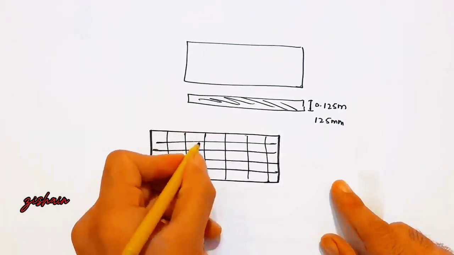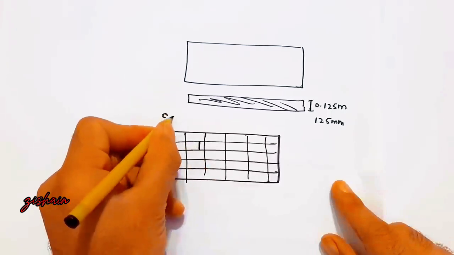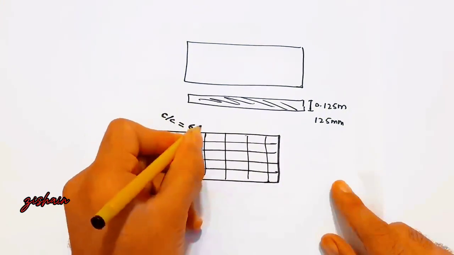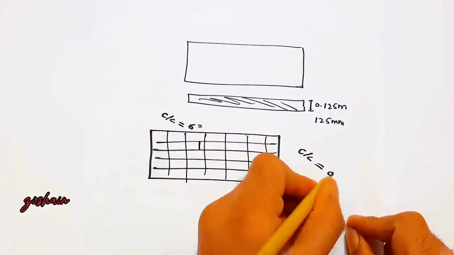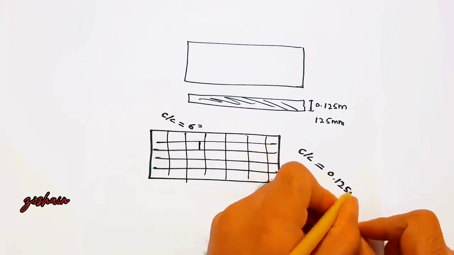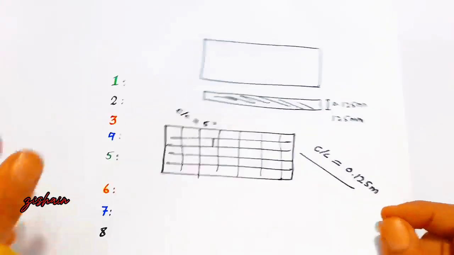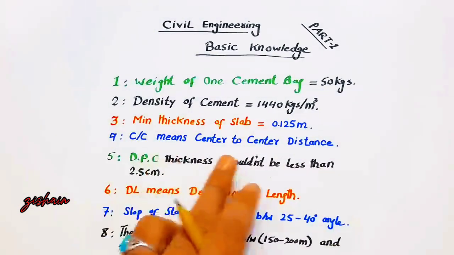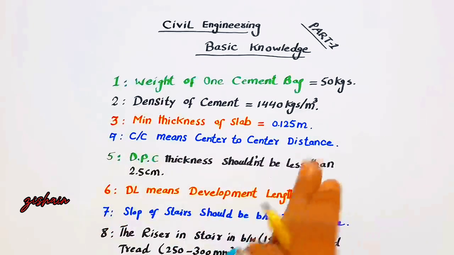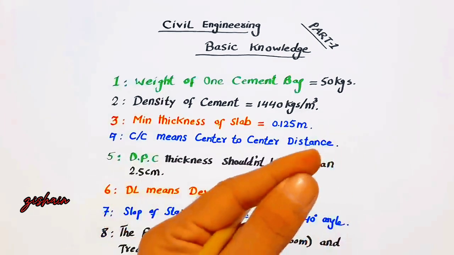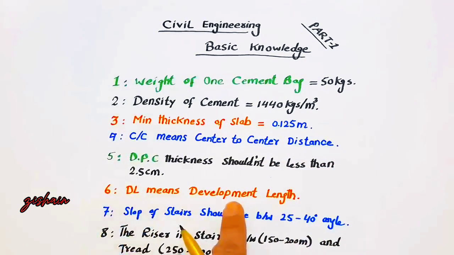So the space between two steel rods we can say is C/C, for example 6 inches, or C/C equal to 0.125 meter, etc. It means the spacing between two steel rods. Next one, guys, the fifth is the thickness of DPC, damp proof course, which should not be less than 2.5 centimeter or 1 inch.